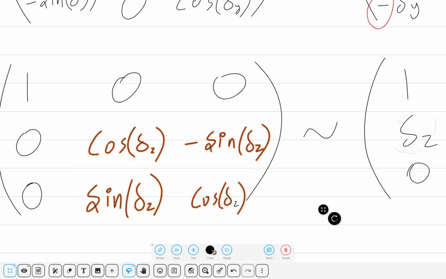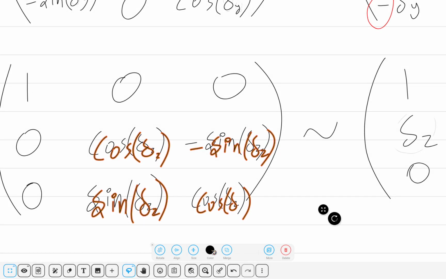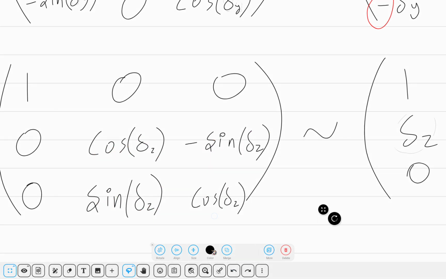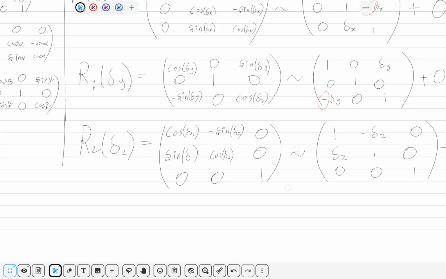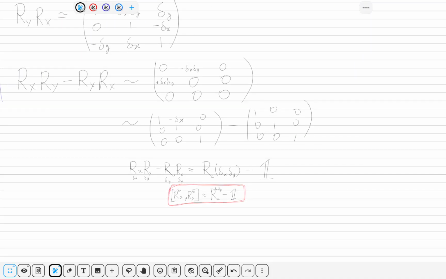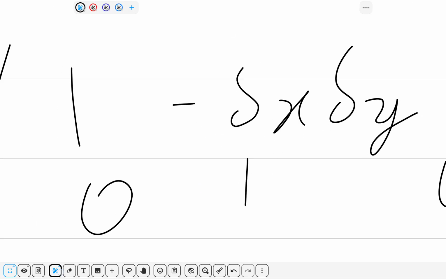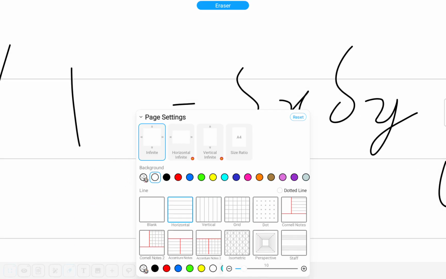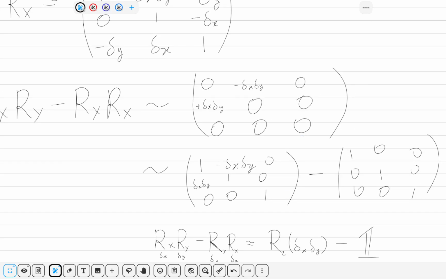So here we go. This is the right one. I hope I didn't make any arithmetic error now. I often do that. Delta y.